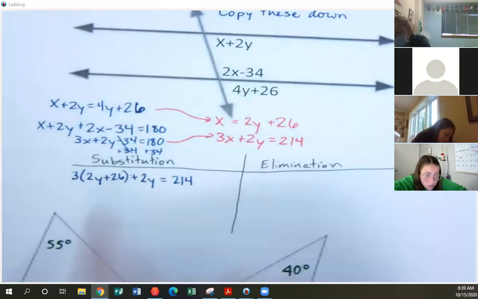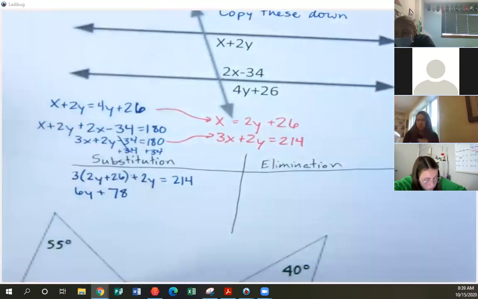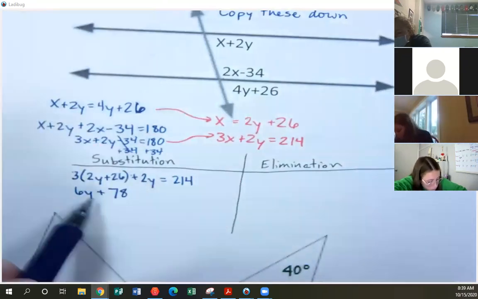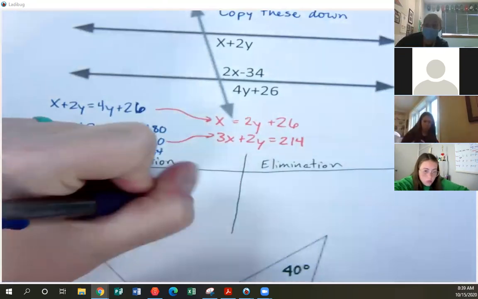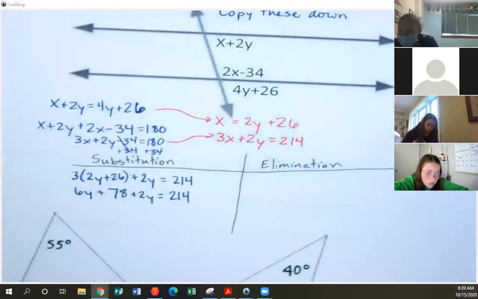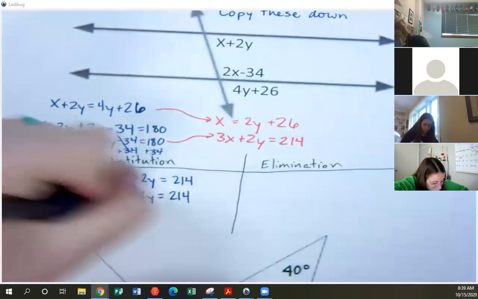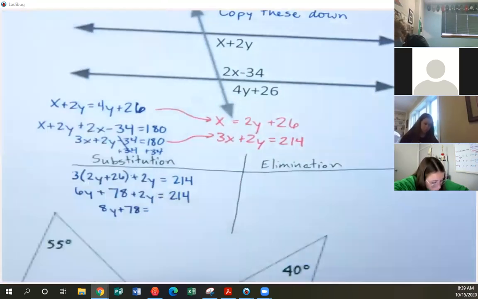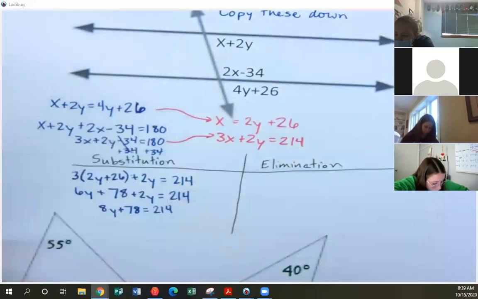So that's 6y plus 78 plus 2y equals 214. Now all I have to do is simply solve for y here. 8y plus 78 equals 214. Subtract 78 on both sides.